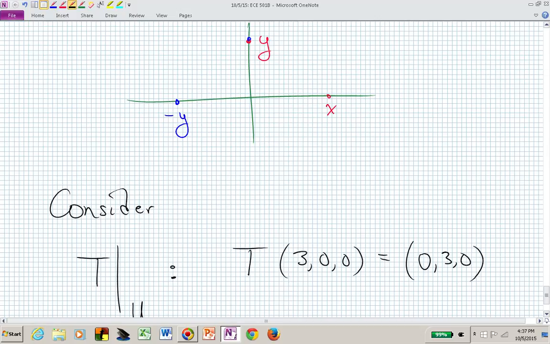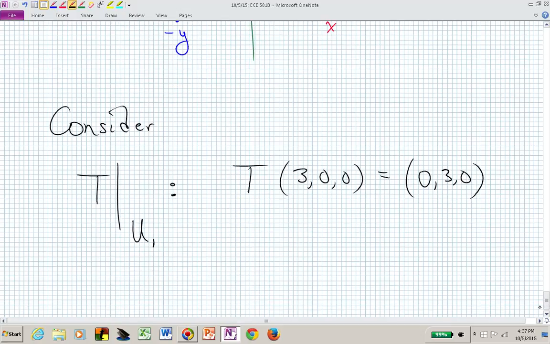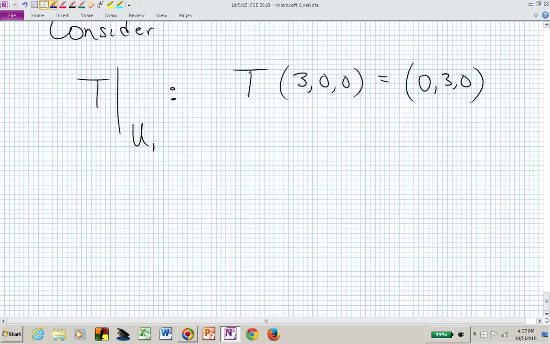I end up at 3 on the y. Now, did I stay in U1? Did I stay on the x-axis? No. So this linear map is not an operator on U1. You start in U1, you don't return to U1. It's an operator on R3, but it's not operating on these reduced subspaces in R3 in this direct sum decomposition. Let me try to wrap that up.